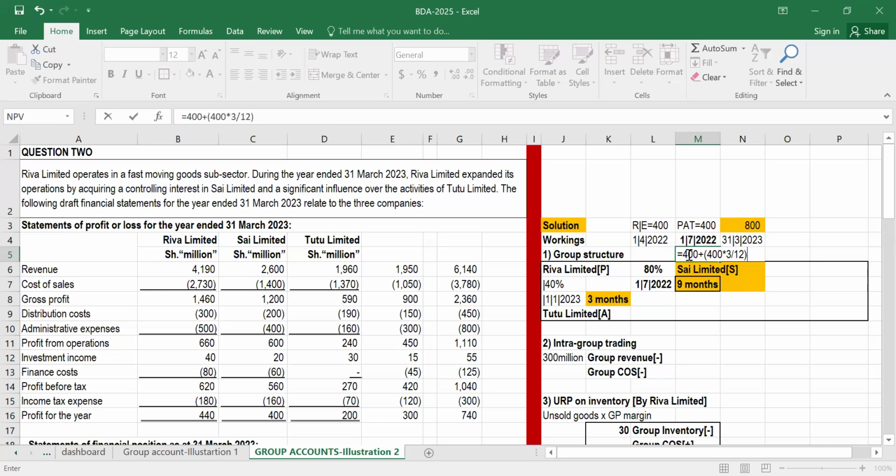That will give us its retained earnings as per the date it was acquired. I hope you can see we have taken the retained earnings at the start, and then added the profit of 3 months which it reported before it was acquired. That will give us 500. So this 500 is the retained earnings of it on the date it was acquired.